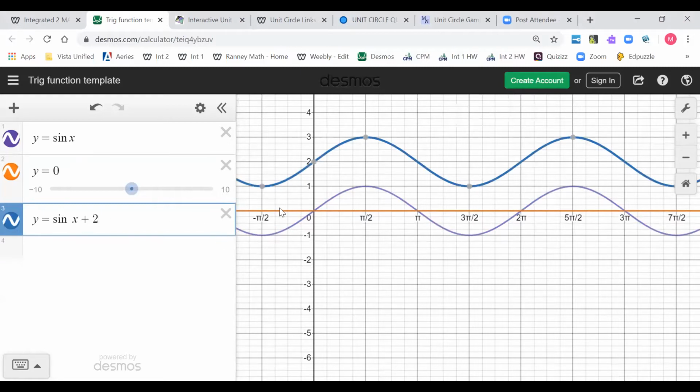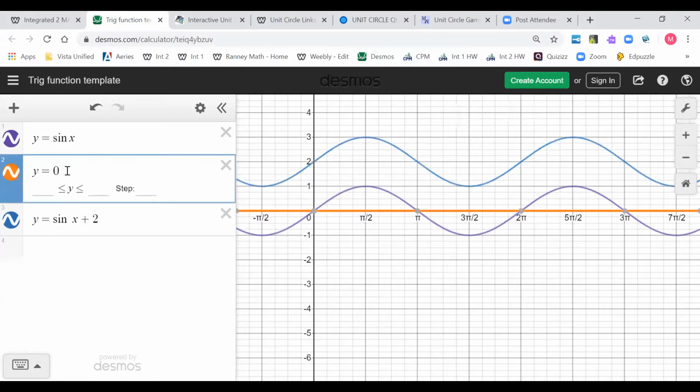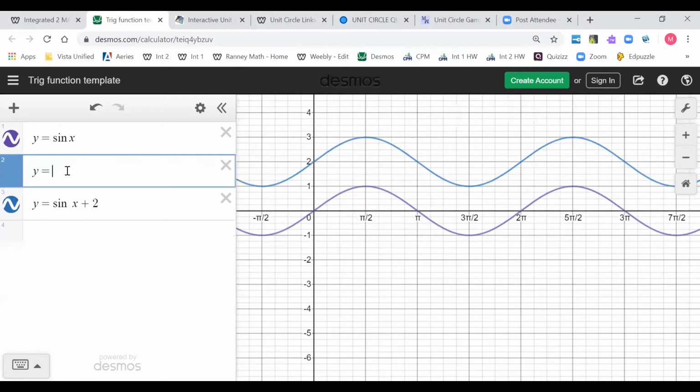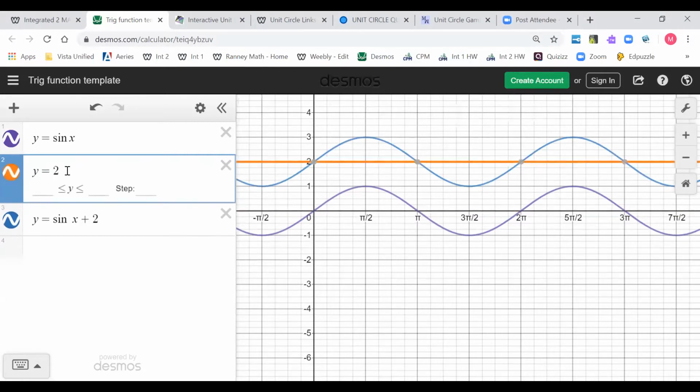What you'll see is it's the same exact graph as this, but it got adjusted. This is starting here at 0, and this is starting here at 2. This whole graph got shifted up 2. So instead of having y equals 0 as my center, for this graph I'd have y equals 2 as my center. Let me get rid of looking at that one for a second.